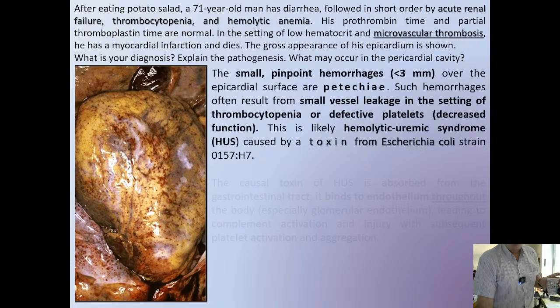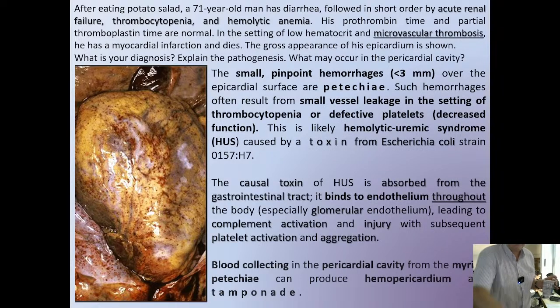Here, all these petechiae, like we saw in the brain, are microhemorrhages formed from a systemic disorder, the hemolytic uremic syndrome, having to do with some toxins of microbes which affect all vessels, and you see all these hemorrhages here in the pericardial sac.